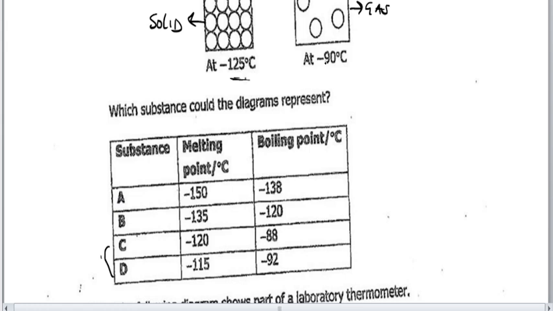So when we are looking at temperature now for a gas in terms of boiling, we need a temperature that is lesser than negative 90 degrees, and the temperature that is lesser than negative 90 degrees is negative 92. So the correct answer for the second one is answer choice D. Answer choice D is the correct answer.